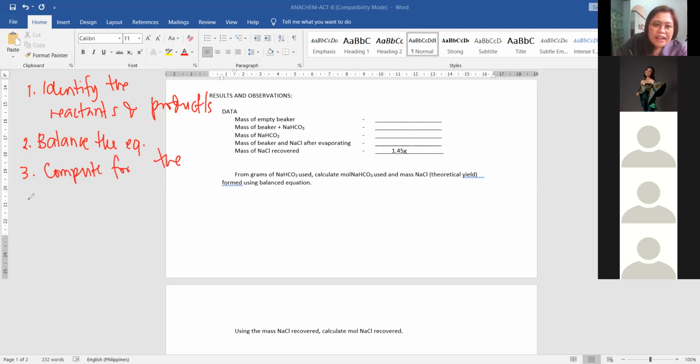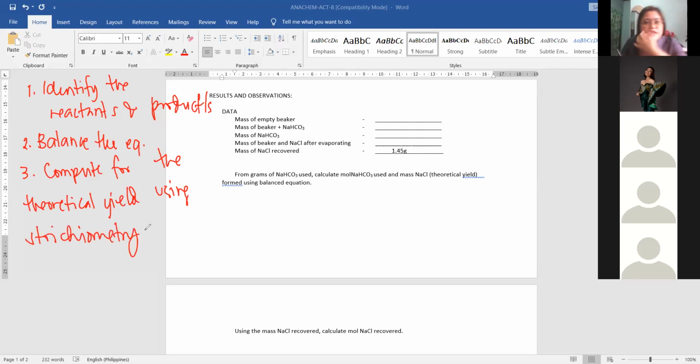for the theoretical yield using stoichiometry. Okay? So how do you compute the theoretical yield? You will be using stoichiometry. If you look at it, from the grams of sodium bicarb used, calculate the moles of sodium bicarb and the mass of NaCl.